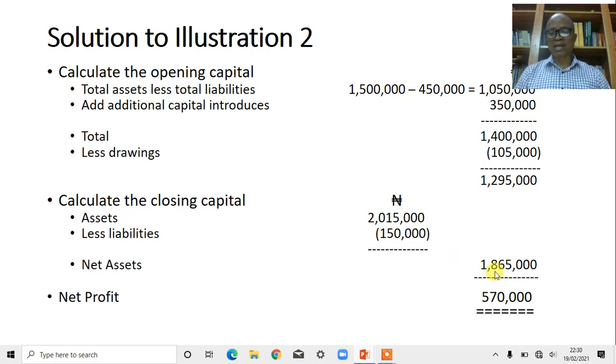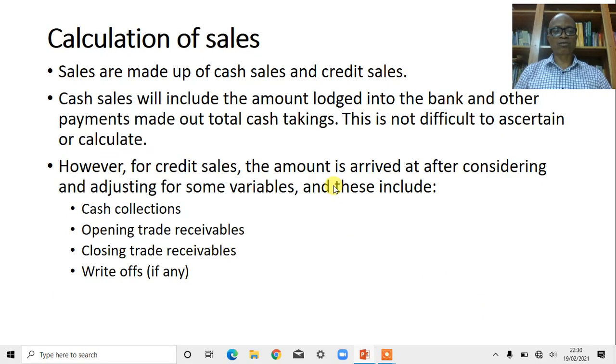So at the end of the year, the closing capital for Adrao enterprise will give us 1.865. Then you deduct the opening from it, and that gives us 570. So the difference automatically means that we have a net profit of 570,000 naira.